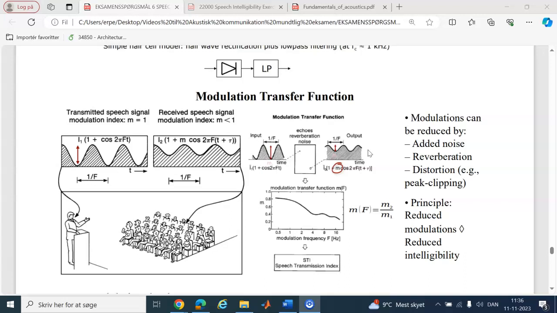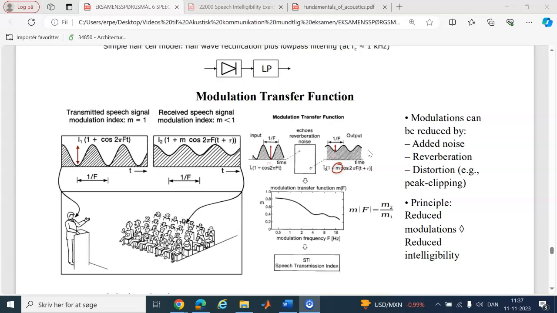It's complicated. Your speaker transmits a speech signal with modulation index m equal to 1, and then the listener receives a speech signal with modulation index less than 1. So you can get this modulation transfer function, a function of the modulation frequencies.